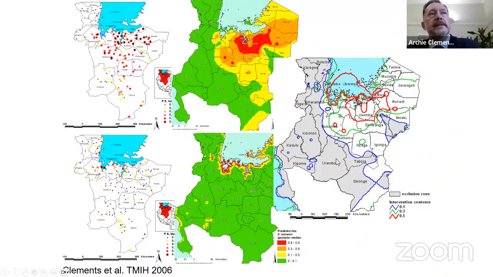So what this does then is it translates a spatial prediction study into a real world decision-making plan that introduces efficiencies into the control program, because you can focus your resources in the areas where they're most needed, and not allocate resources in the same extensive way in areas where they're not as needed. And so this is really important, particularly in resource-constrained settings where you need to have a strong evidence base in order to focus limited resources.